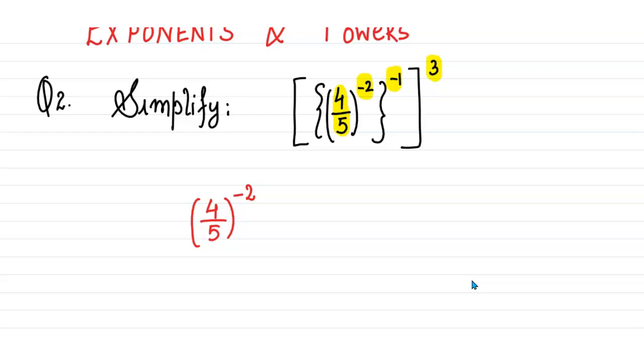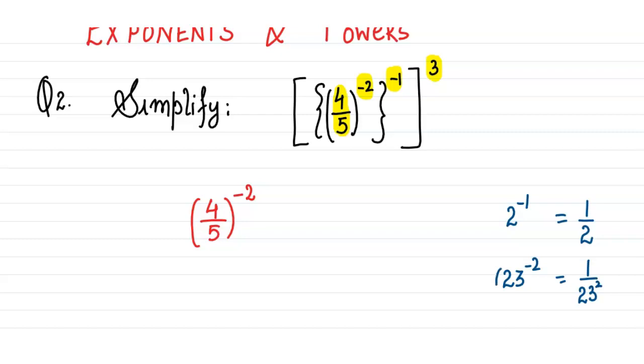When we raise numbers to negative powers, what does it mean? So let's recollect. 2 raised to power -1 means 1/2. 2/3 raised to power -2 means 1/(2/3) raised to power 2.